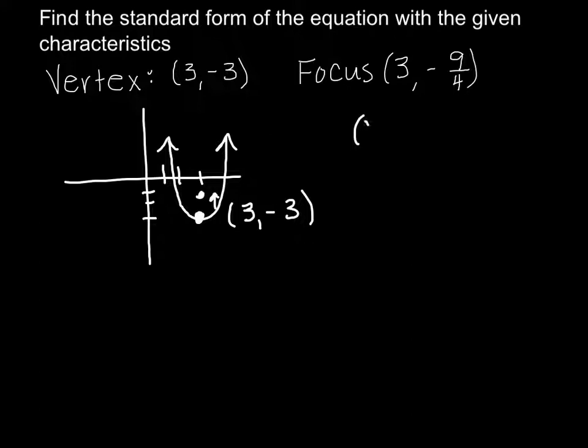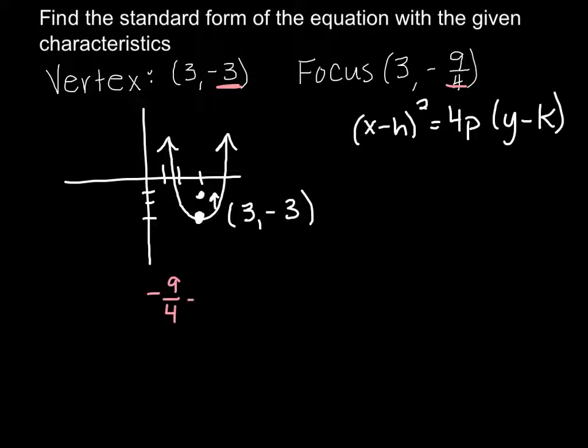So what do I know from that? Well, I know that it's (x - h)² = 4p(y - k). Now we have to figure out what that p-value is. The p-value is the difference here. So I'm going to take -9/4, because that's the end, and subtract that -3. When I do that, I get a p-value of 3/4.